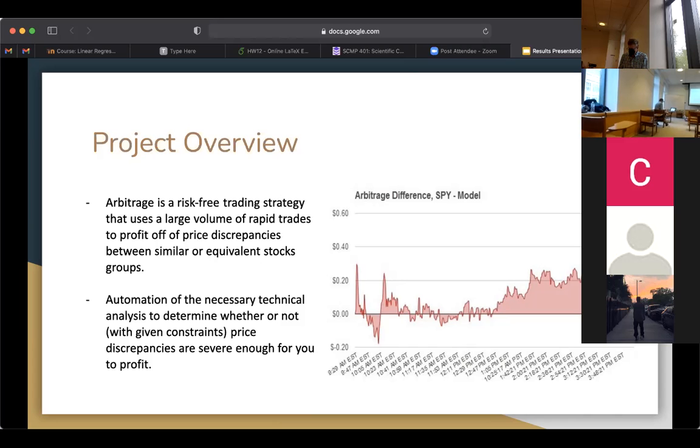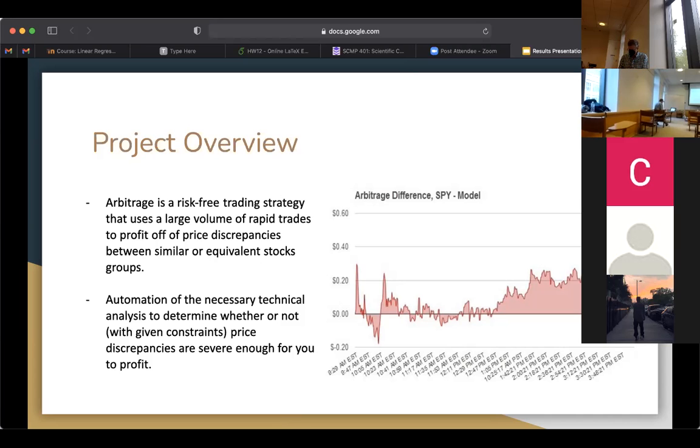So this is actually on the day that the discrepancy was the largest in the past 10 years. It rarely ever gets to 40 cents of a deviation, but it's just a good illustration of what kind of price discrepancies you would see to profit off of arbitrage.